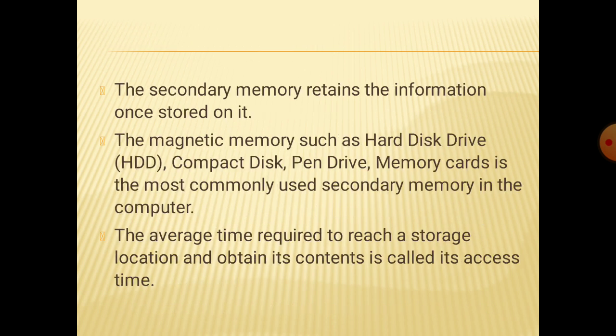A few more points relating to secondary storage. The secondary storage retains the information once stored on it. As we have seen, in your main memory, that is in your RAM, the content will be stored only until the processing occurs. Once you shut down your computer system, the data stored in your RAM will be deleted.